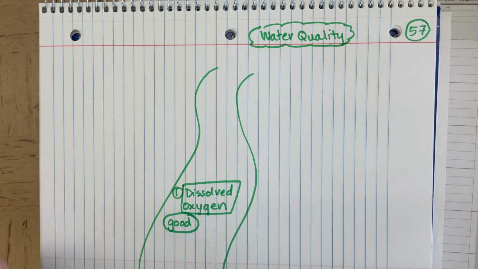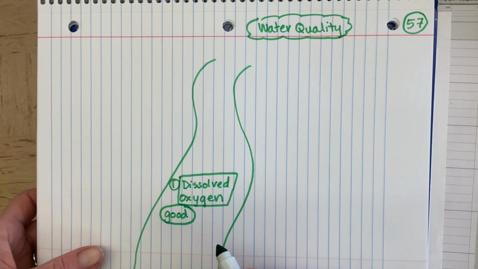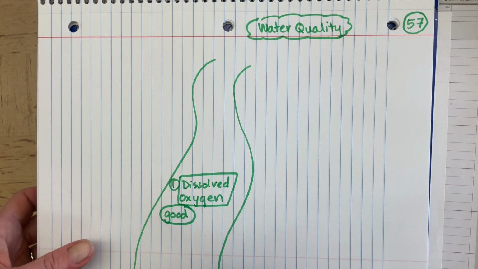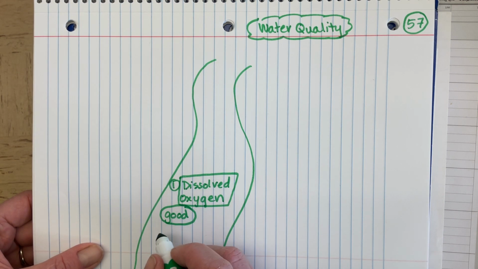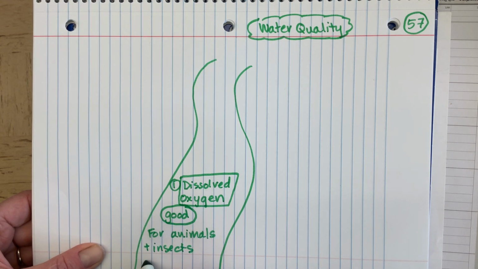And that's because the things that live in the water need to breathe just like we breathe, but they breathe dissolved oxygen that's mixed in with the water. So we can say for like animals and insects that live in the water to breathe.